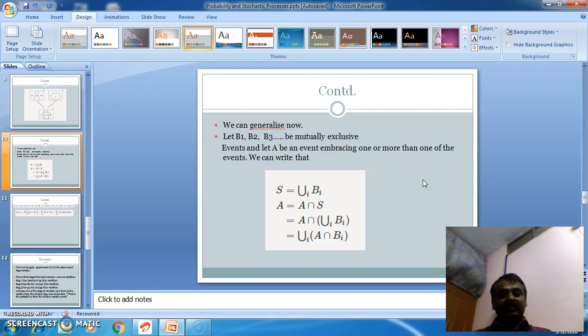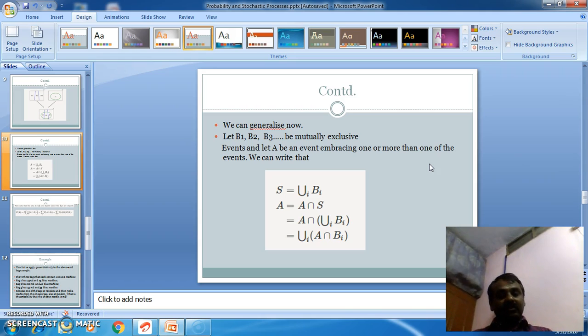We can now generalize. Let B1, B2 and B3 be mutually exclusive events, and let A be an event embracing one or more than one of the events. We can write that S is equal to the union of Bi, where i is the index.